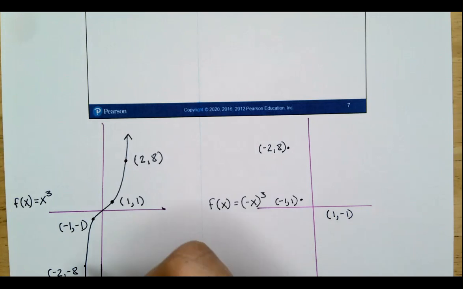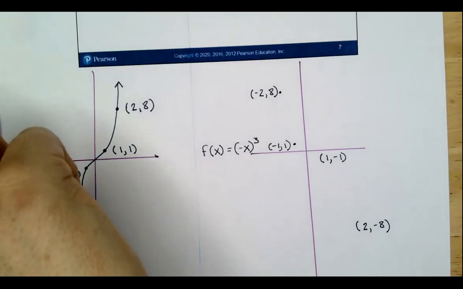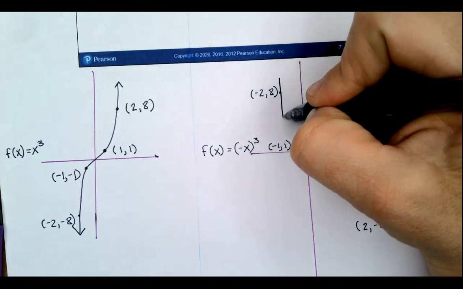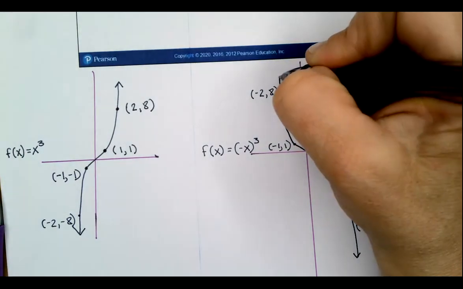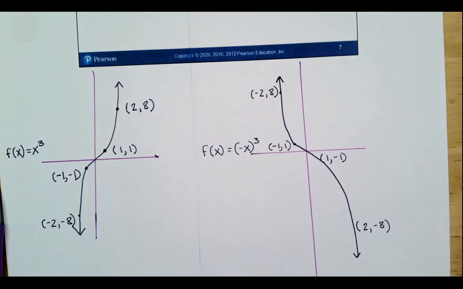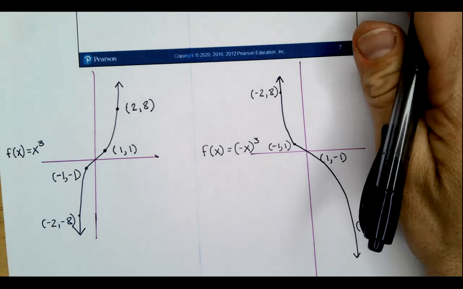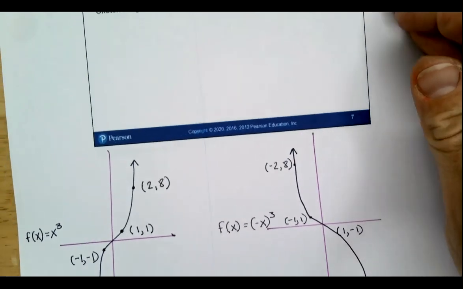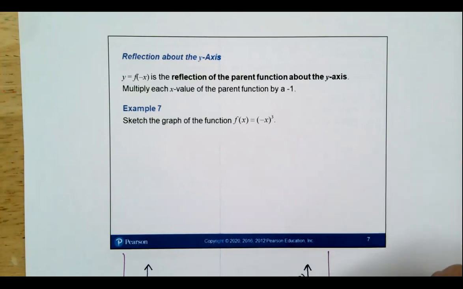Instead of -2, -8, it's going to be +2, -8. So I have switched the sign of all of my x values and therefore have reflected it across the y-axis.